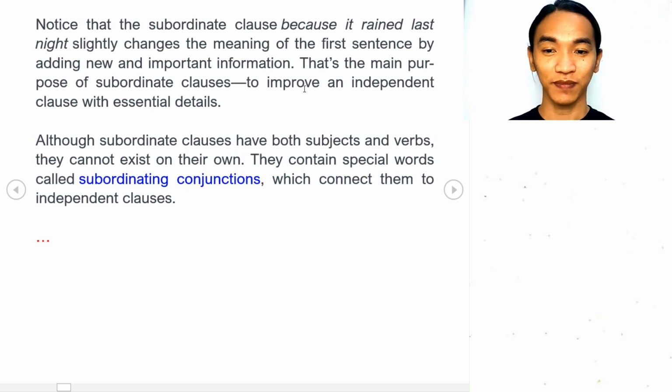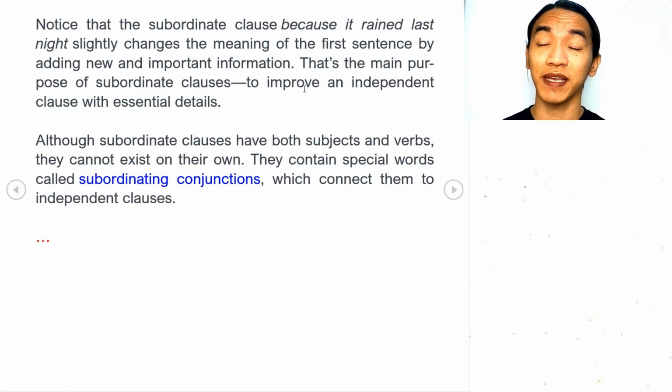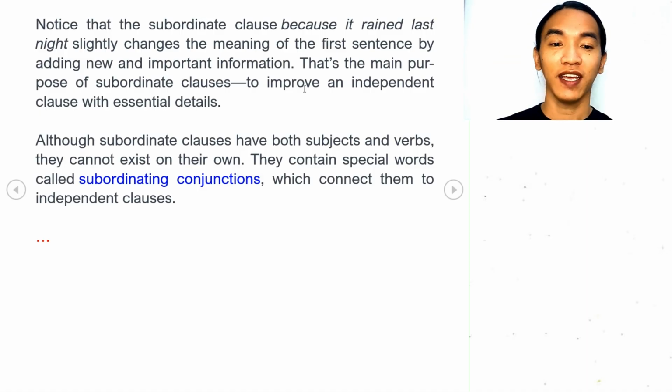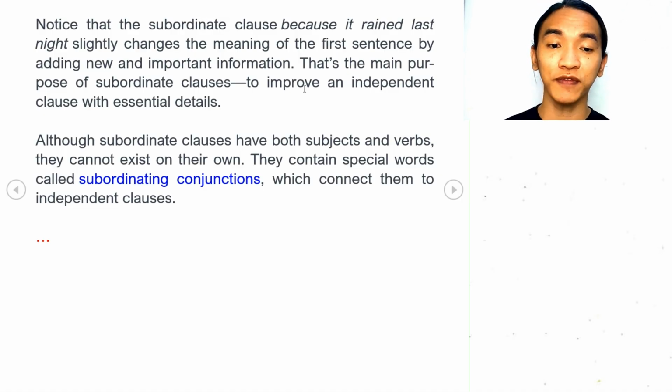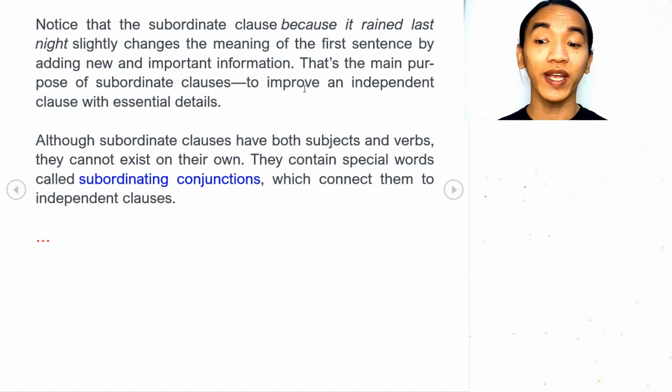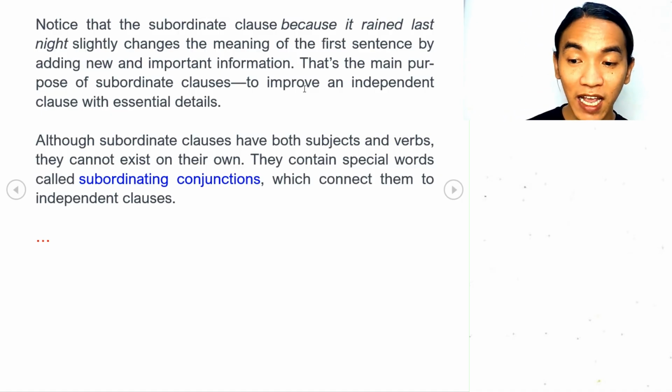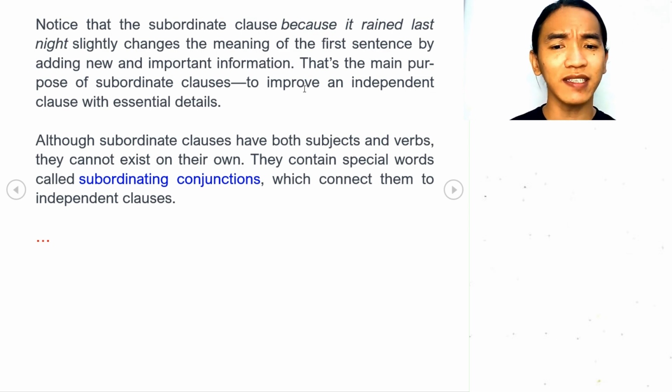If you notice, the subordinate clause, because it rained last night, slightly changes the meaning of the first sentence by adding new and important information. That's the main purpose of your subordinate or dependent clauses. They are used to improve an independent clause with essential details. So you're giving more information to make the sentence even more sensible in meaning.